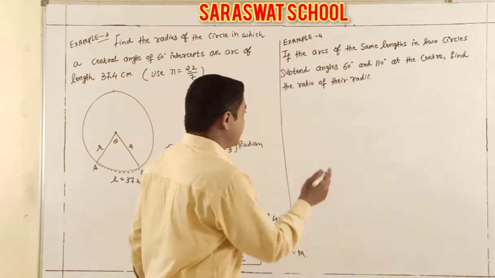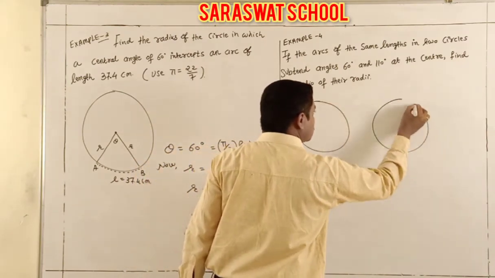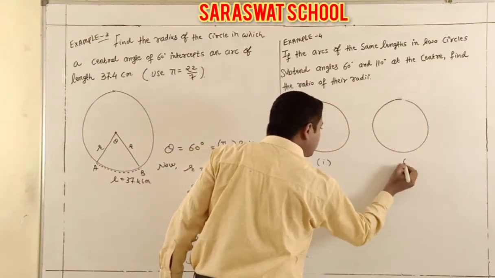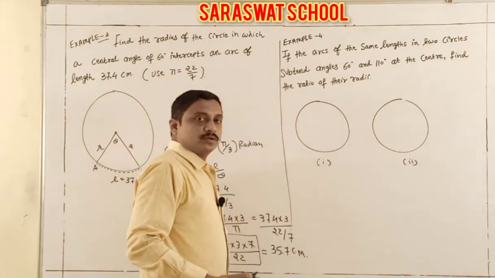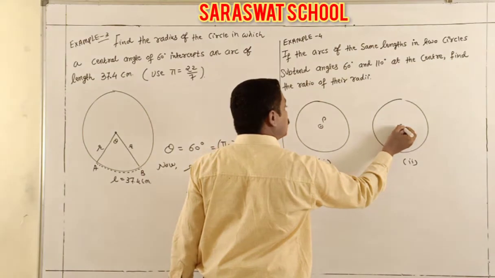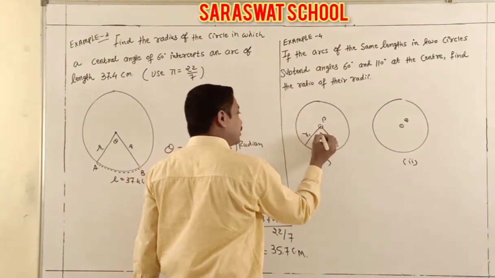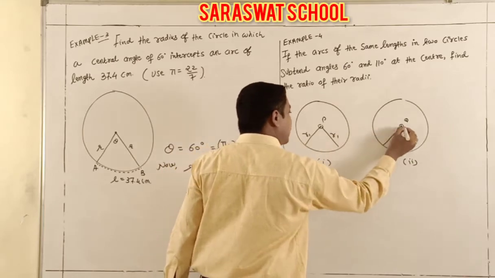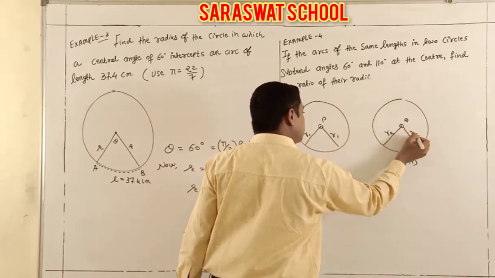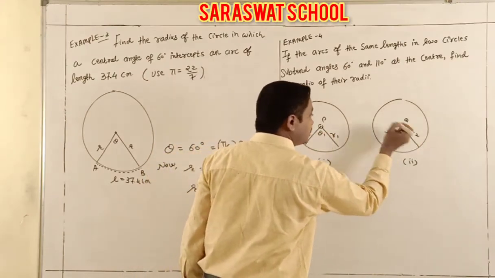So students, here I consider two circles, circle 1 and circle 2. These are the centers, P and Q, and here are the two radii, R1 and R2, making angles theta 1 and theta 2.